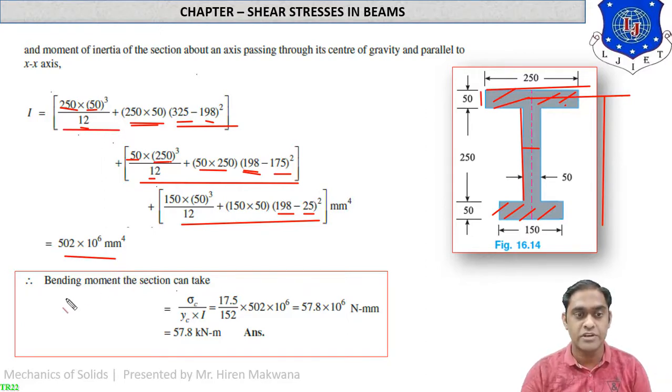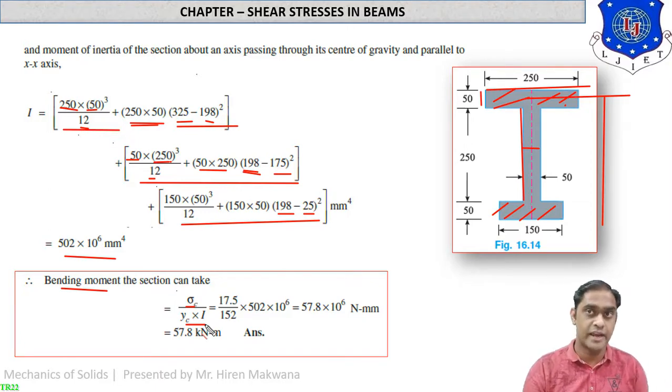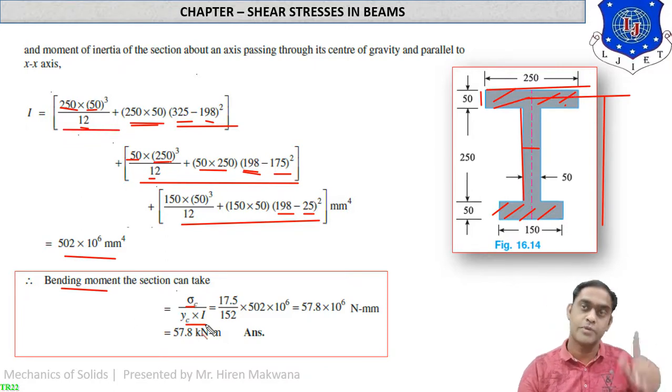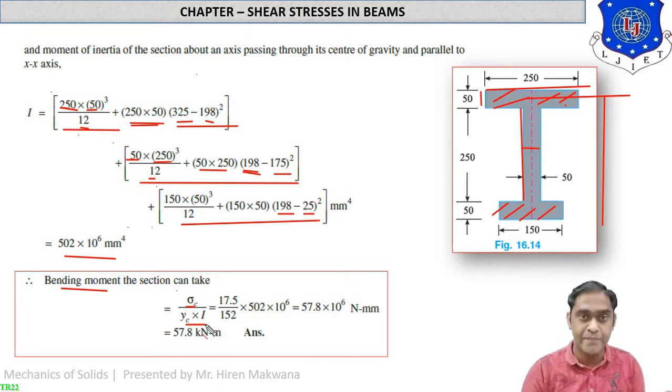Now, our first question is bending moment. As per our formula, bending moment is sigma upon y into I, because sigma upon y is equal to M upon I according to the flexure equation in the previous chapter. So from the previous chapter formula, make the subject bending moment M. So M is equal to sigma upon y into I. Sigma is given in the data.